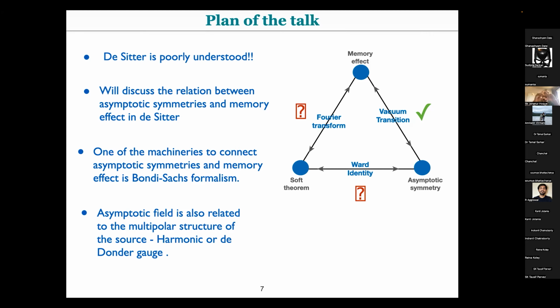So looking at the gravitational wave template, you can infer the multipole structure of the source. That's why we want to understand how the asymptotic field can be related to the multipolar structure of the source, and this can be achieved in a harmonic gauge or de Donder gauge.